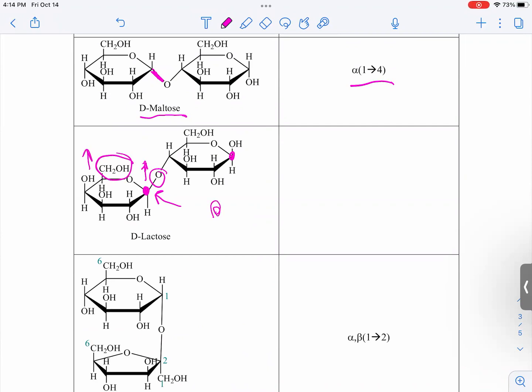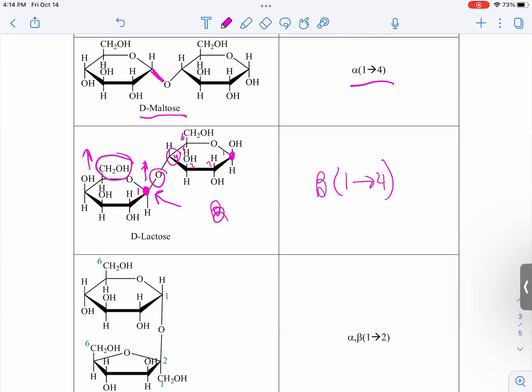That is cis, right? So that is beta, and this is carbon 1. All right, and this is 1, 2, 3, 4, 5, 6. So 4, so that's beta 1 arrow over 4. And that is how you work that one.